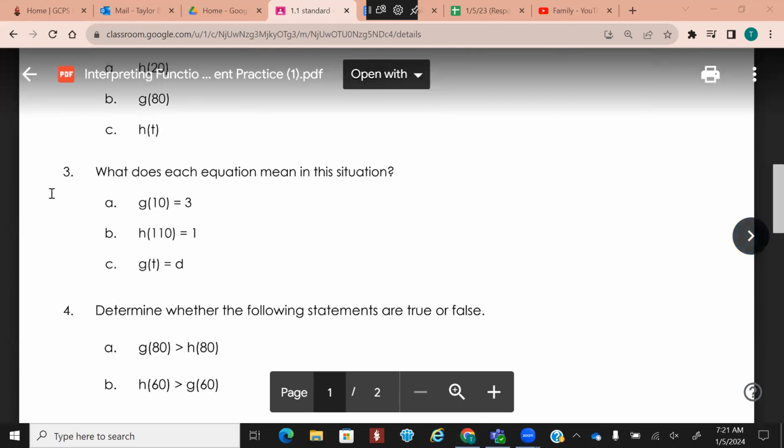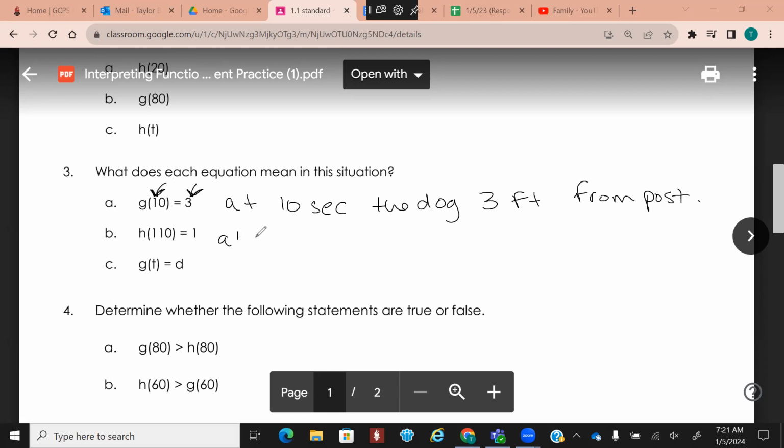All right, number 3. We've got at 10 seconds, the dog was 3 feet from the post. So the seconds were what's in here, and the distance is the thing that's out here.